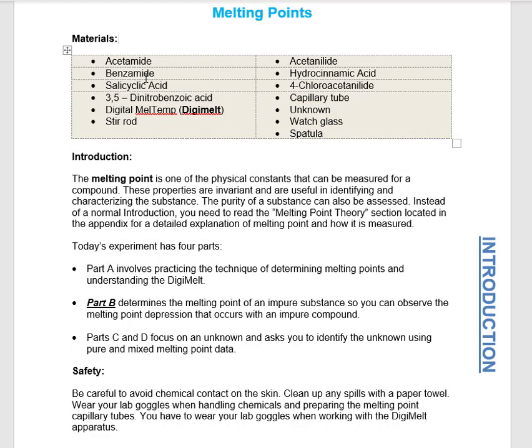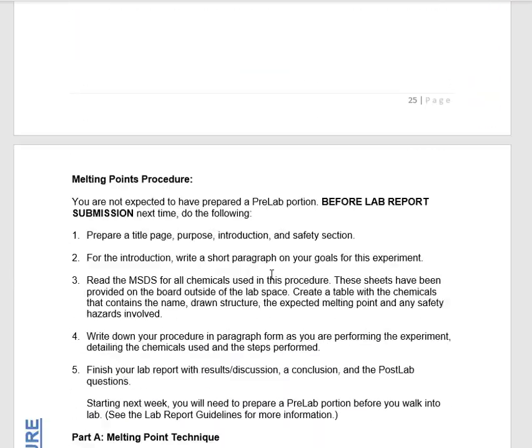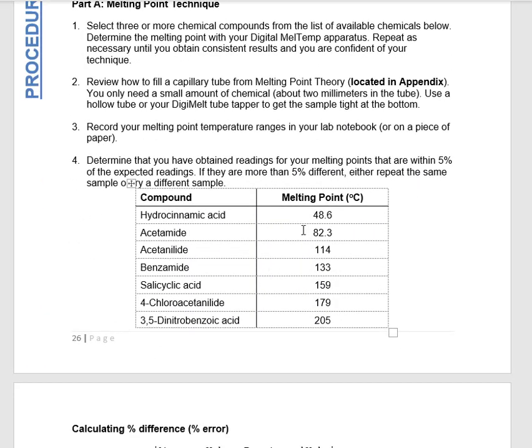In part A, you're actually going to just look at 3 of these 7 pure compounds. For the compound name, you're given the literature value for the melting point, and you're going to see what the melting point range, and I can't stress that enough, melting point range, can be observed in the digimelt for the 3 possible structures listed here.